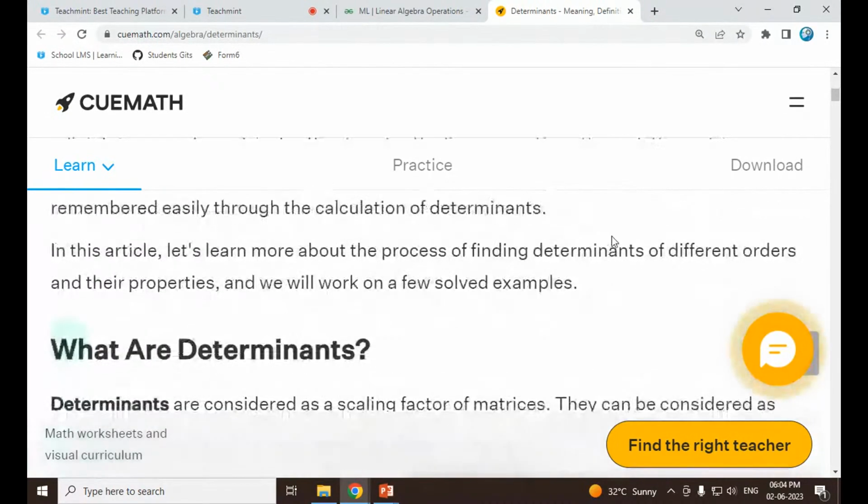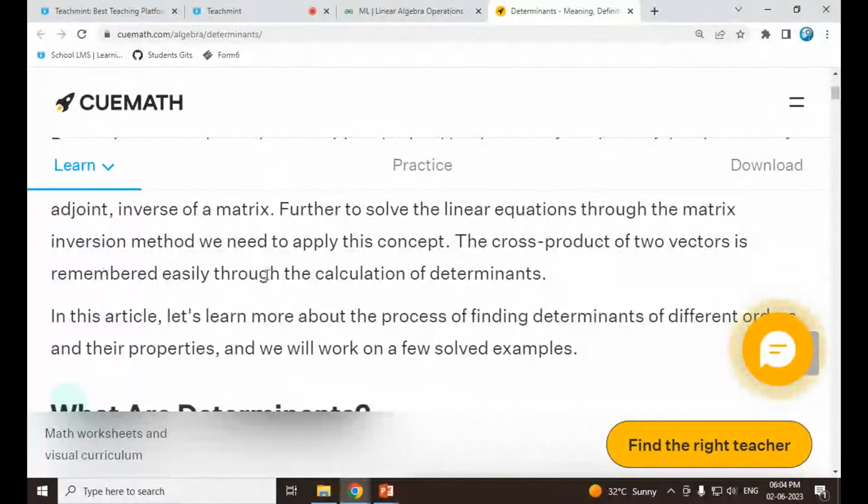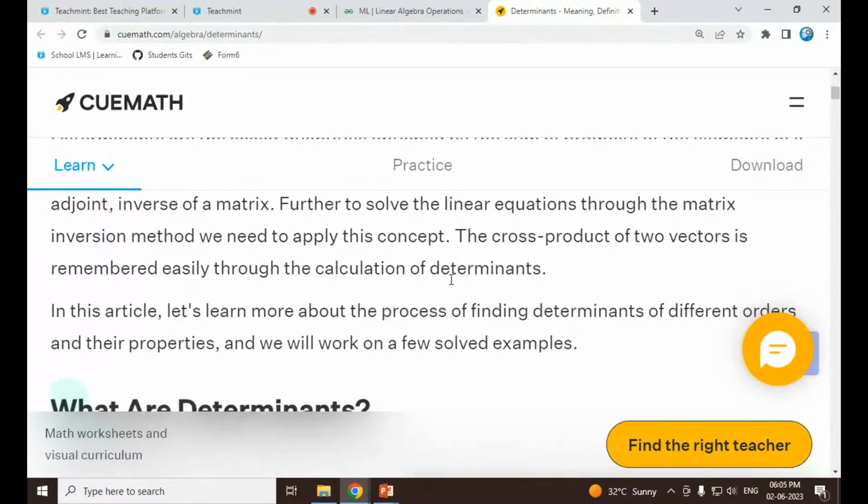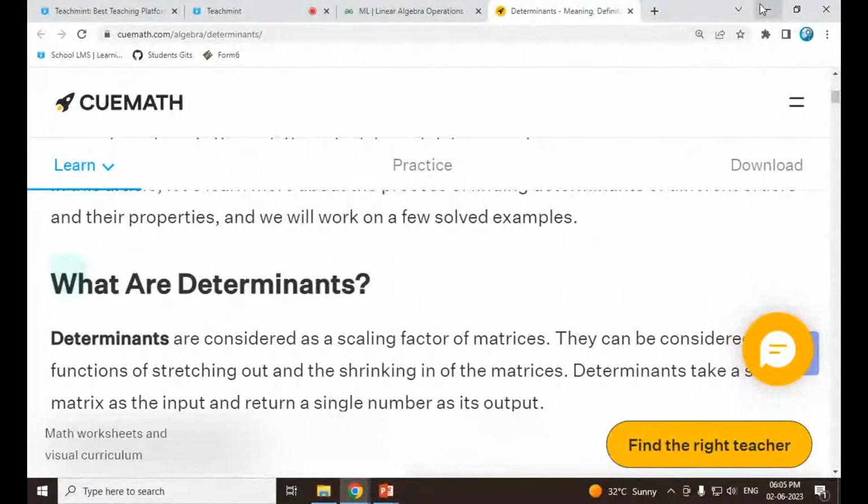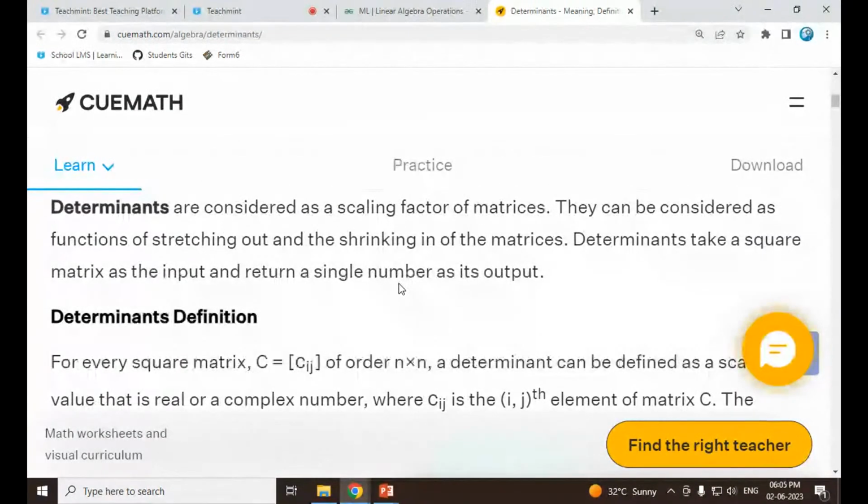The cross product of two vectors is remembered easily through a calculation of determinants, because vectors can be represented in terms of matrices. So to evaluate them, we can use the determinant method. I hope all of you understood.